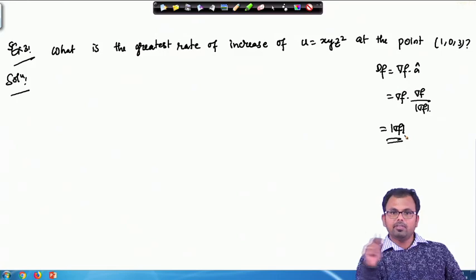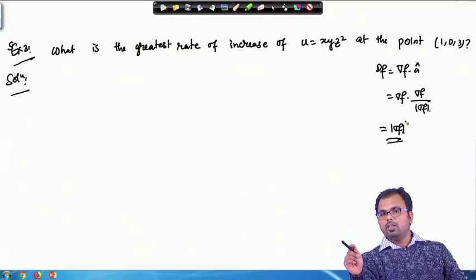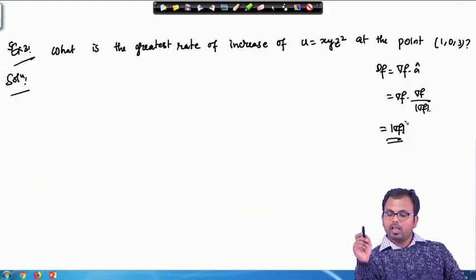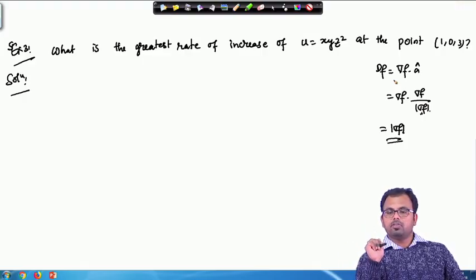Instead of taking any vector a, if you take gradient of f itself, we are left with mod of gradient of f as the directional derivative, and that is the maximum rate of change of the scalar function f.